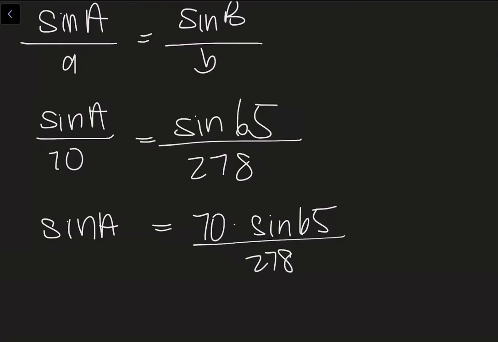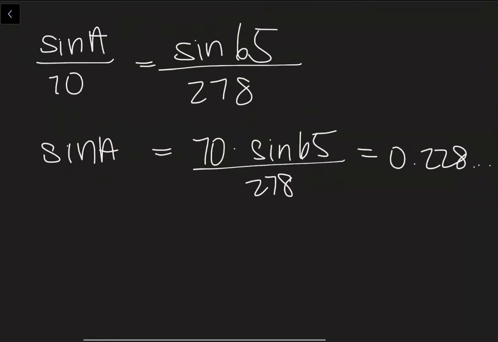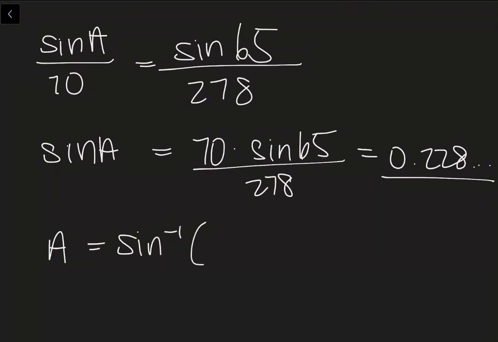All right, so let's isolate sine A. So sine A equals 70 times sine 65 divided by 278. So I've just multiplied the 70 over, and that will give us 0.228 dot dot dot. I'm not going to round here since we still need to find angle A. And to find angle A, we need to take the inverse sine of this decimal. So inverse sine of 0.228 dot dot dot. And that will give us 13.19 something degrees.